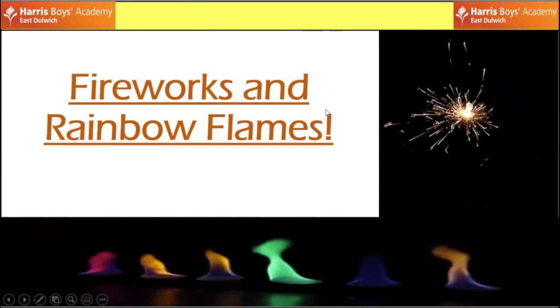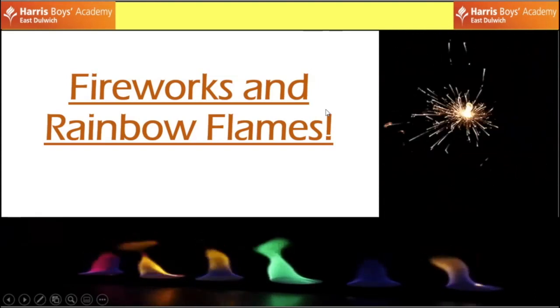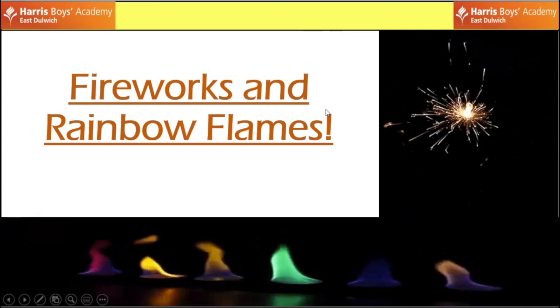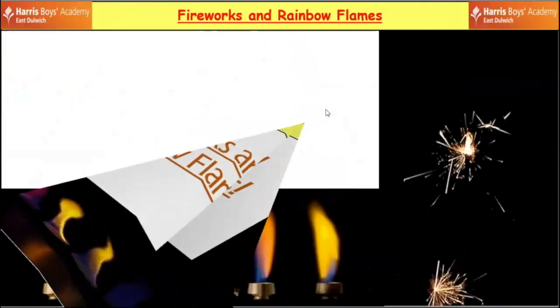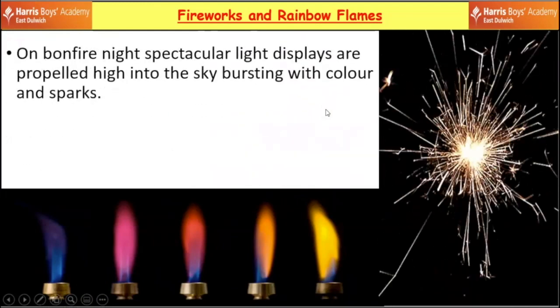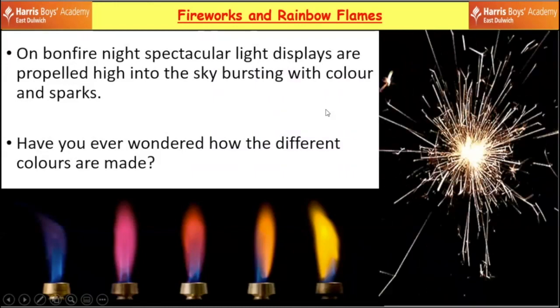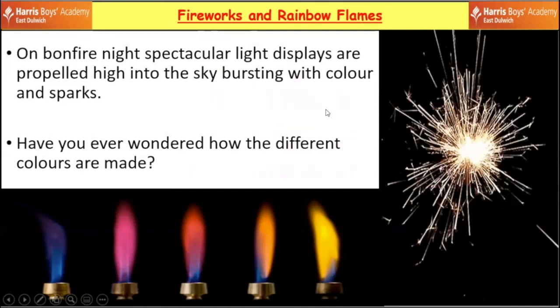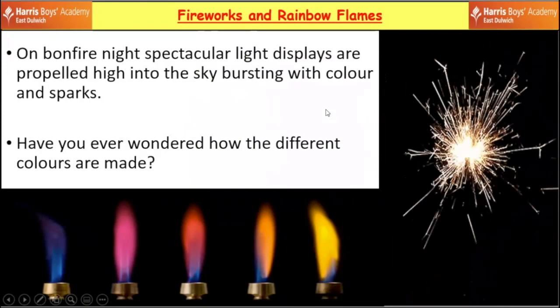So that brings me to my topic this morning, fireworks and rainbow flames. Interesting. We're going to dissect what we mean when we look at fireworks and rainbow flames very, very shortly, boys. But like me, I'm thinking that as young scientists, you're probably asking, I mean, those spectacular lights that go off when the firework gets launched into the air, that explosion, the reds, the blues, the yellows, the whites, how are they formed?